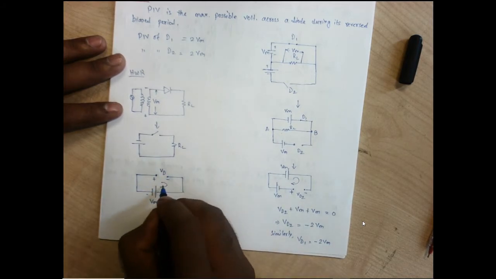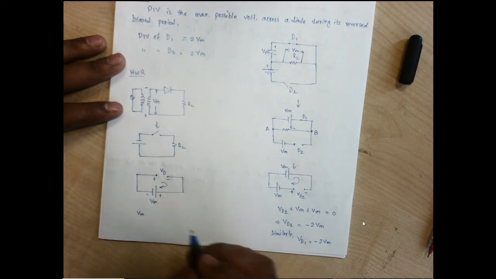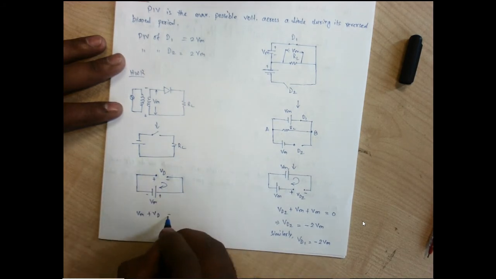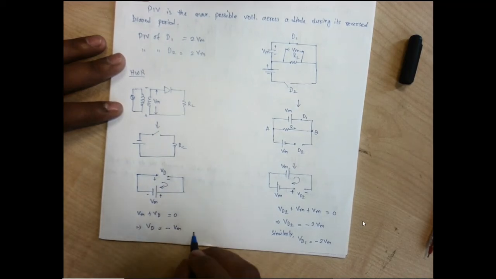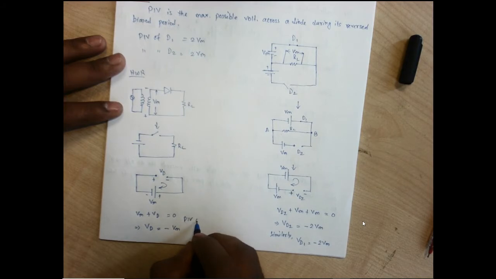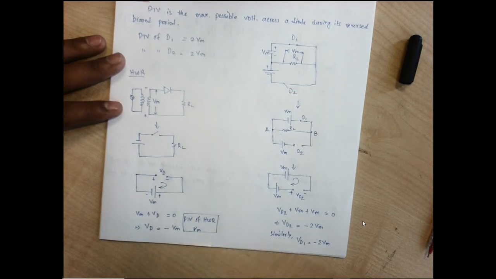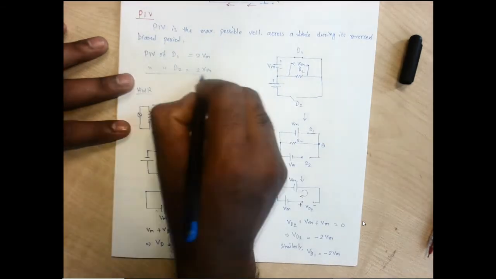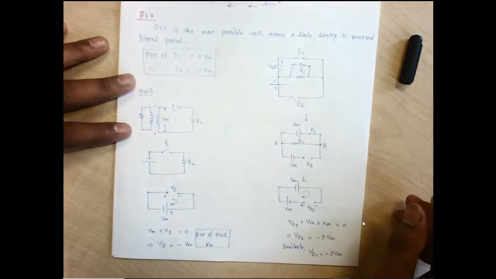If we apply KVL, plus minus, then plus minus Vd will be 0. So this Vd will be minus Vm. So the PIV of the half wave rectifier is Vm, while the PIV for the center tap full wave rectifier is twice Vm. Still we have not analyzed the bridge rectifier.